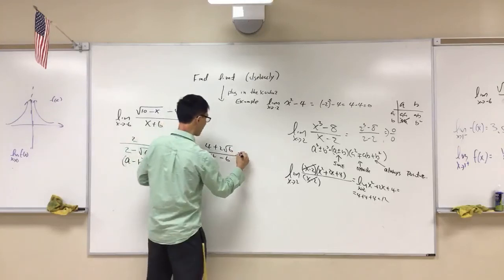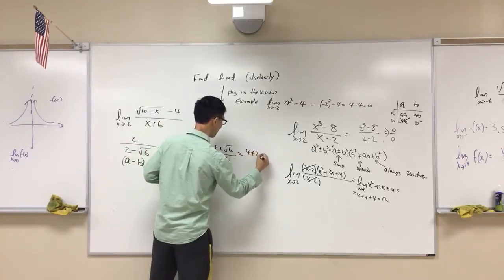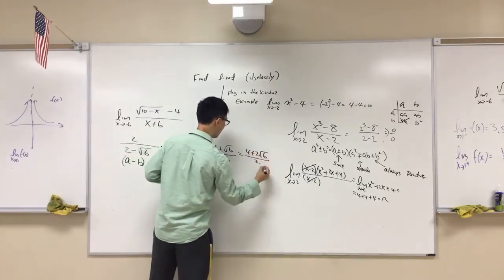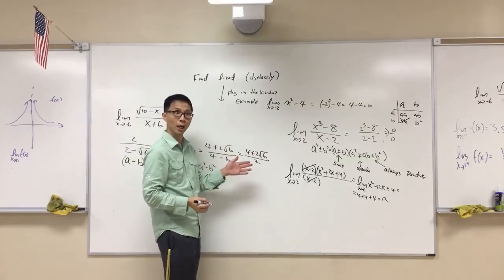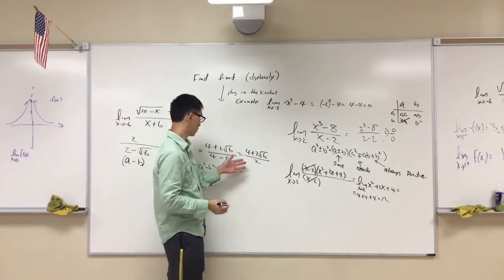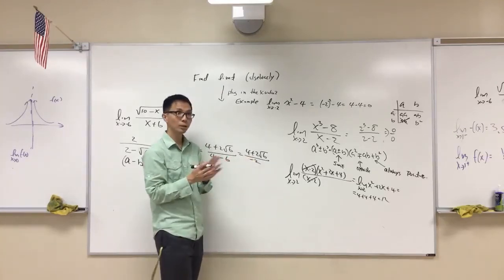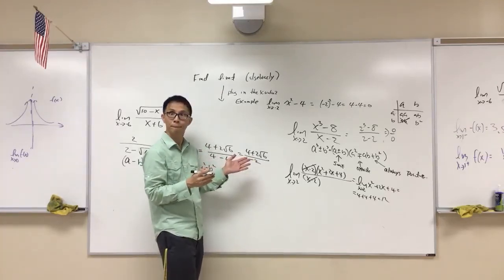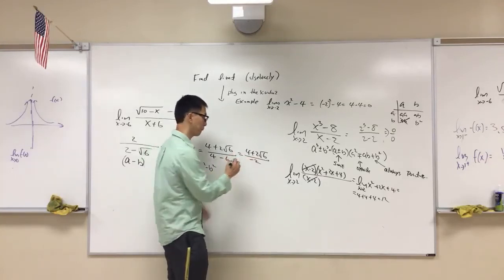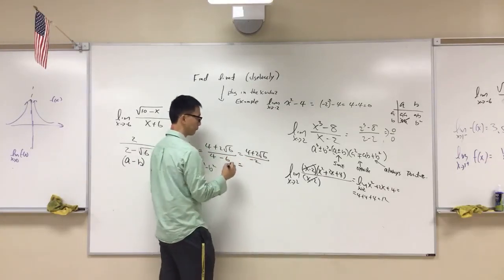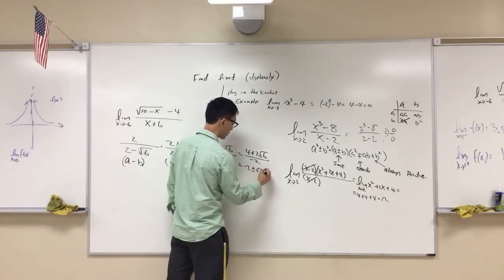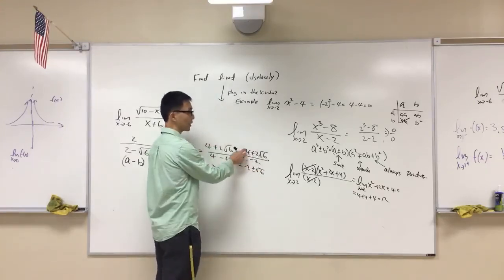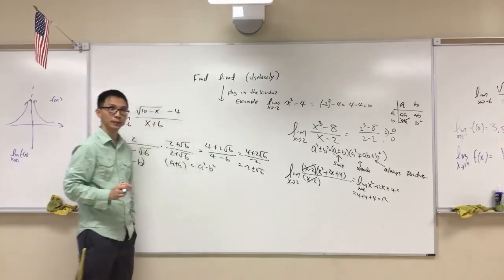And a lot of you guys don't know how to simplify this: 4 plus 2 square root of 6 all over -2. How do I simplify this? You split it: 4 over -2 plus 2 square root of 6 over -2, so it's gonna give you -2 minus square root of 6. Don't just cancel this, because you'll kill points.